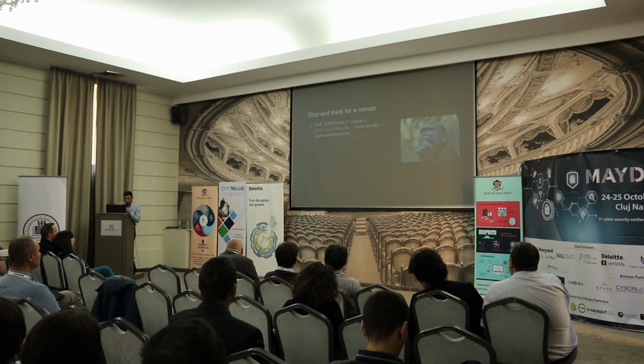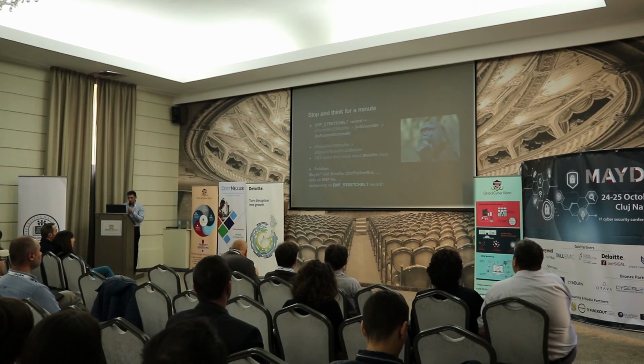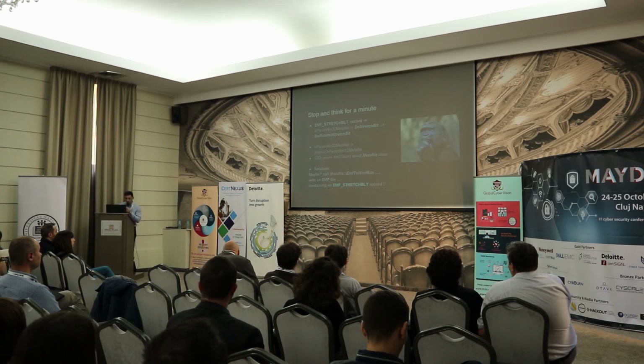So let's stop and think for a minute. We have the toStretchBLT method, which calls our vulnerable method. Then we have the bparse win32 meta file that will eventually call the toStretchBLT if it's served with the right record. In our case, the EMF stretchBLT record.